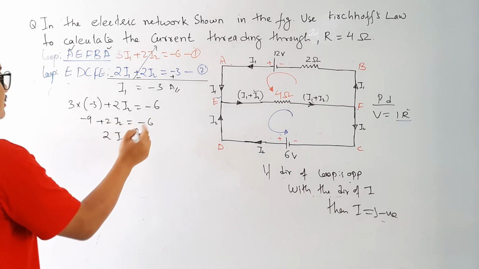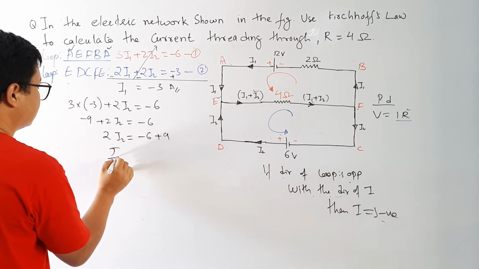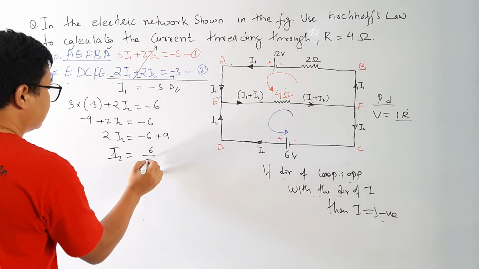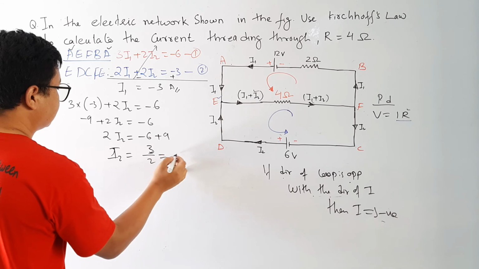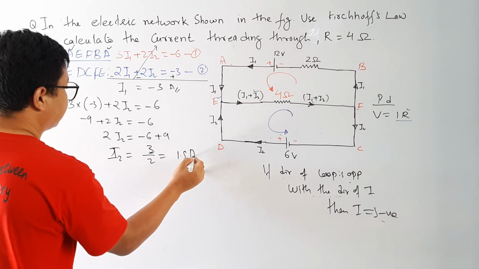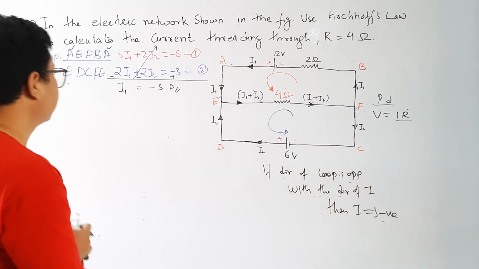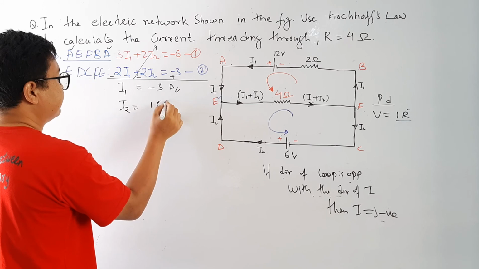This will go over, 6 plus 9. So I2 is equal to 3 by 2, which is equal to 1.5 ampere. Okay, so I got I1 and I2. So what is I2? I2 is equal to 1.5 ampere.